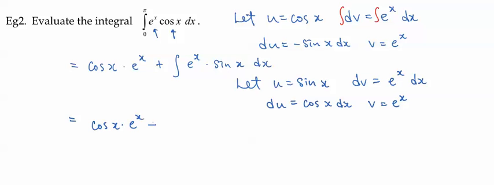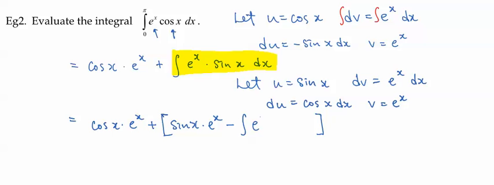So for the first part, it will stay the same. And for the second part, this whole thing here, we need to proceed another integration by parts, giving us u times v minus the integral of v times du.